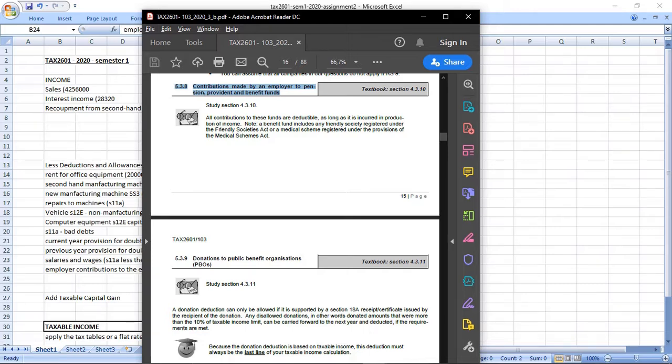Note, a benefit fund includes any friendly society registered under the Friendly Societies Act, or medical schemes. So we're referring to the deductions made by the employer to the employee's fund, not the employee's contribution. That's different. If the employee is the one contributing to his or her own pension fund, then that's a personal income tax deduction. They would have to submit that on their income tax return.